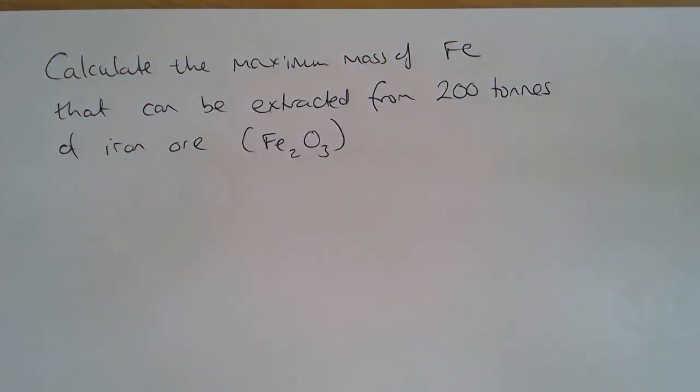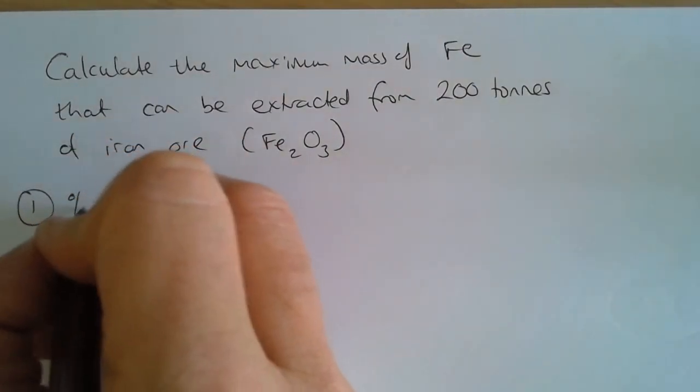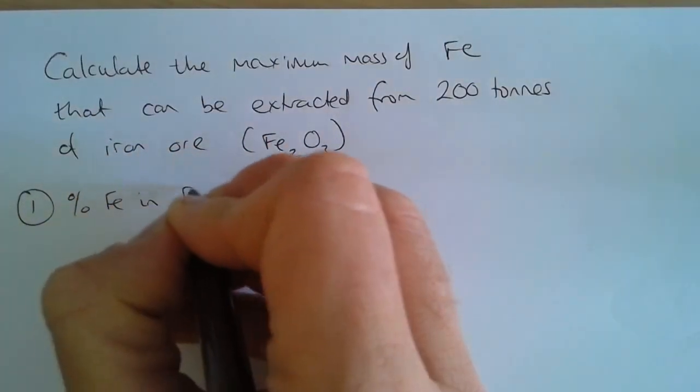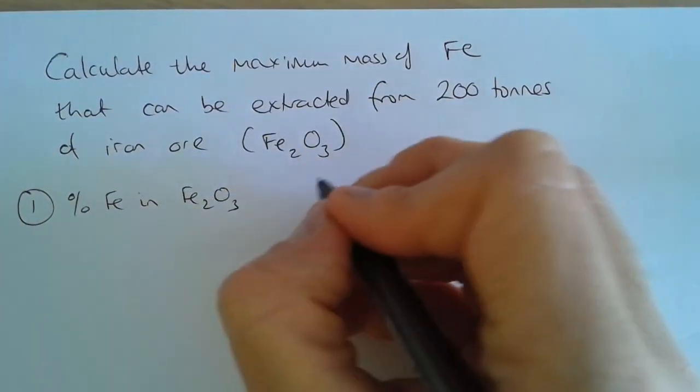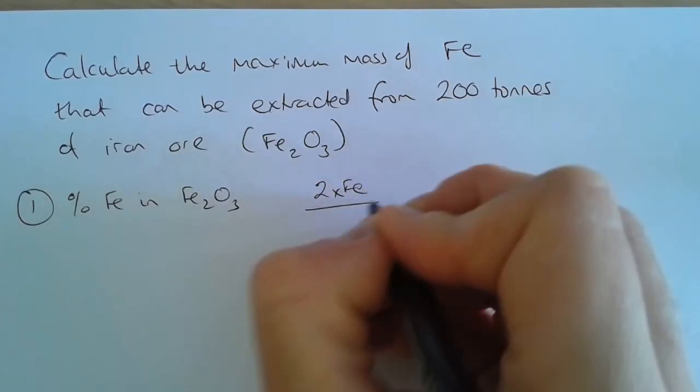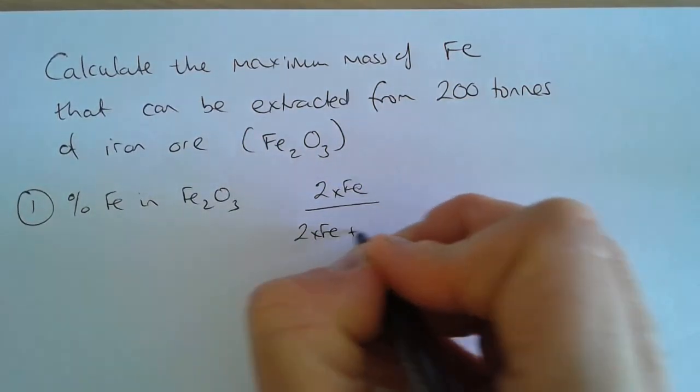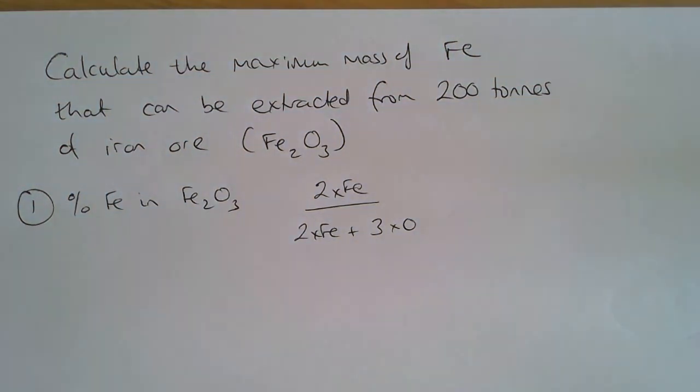So step one is for us to do what we did previously. We want to work out the percentage of iron in iron ore. So step one, the percentage of Fe in Fe2O3. I say percentage, actually we're going to leave this as a decimal, so effectively it's the ratio. So we've got 2 irons divided by 2 irons and 3 oxygens.